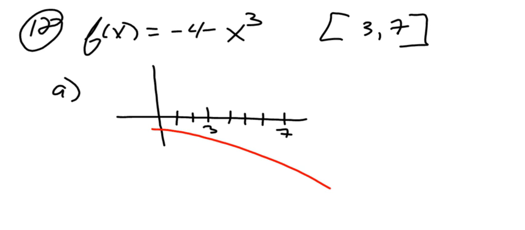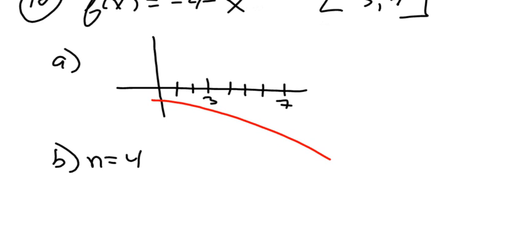After we graph it, they want us to use 4 subintervals. So we're going to have a width of 1, because delta x is 7 minus 3 divided by 4, or 1. And they want us to do left, right, and midpoint.